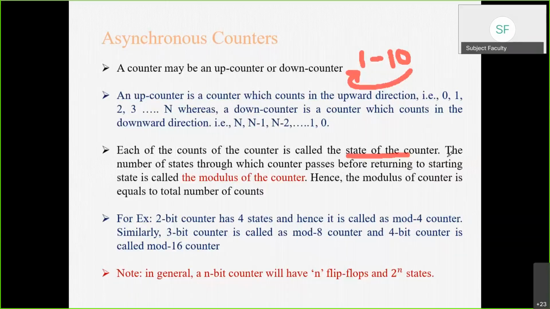But when someone asks you what is the modulus of this counter, then what is the answer? You can read the definition of the modulus of counter: the number of states through which counter passes before returning to starting state. So how many states is this counter actually counting from 1 to 10? Anyone?